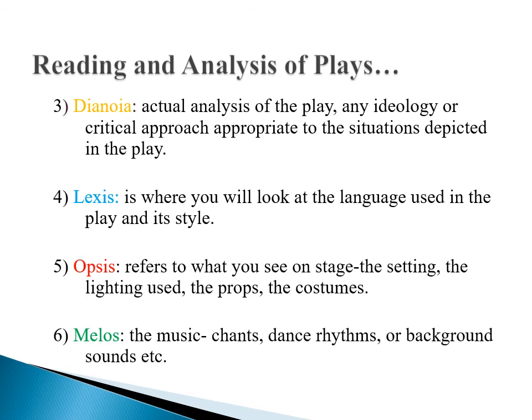The fifth point suggested by Aristotle is opsis. It refers to what you see on stage, that is setting, the lighting used, the props, the costumes. So what are the different stage properties used by the writer? Knowing these stage properties could help us to understand the play better.